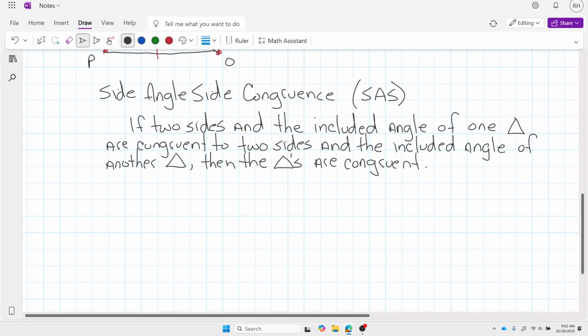Two sides and the included angle of one triangle congruent to two sides and the included angle of another triangle, then the triangles are congruent.